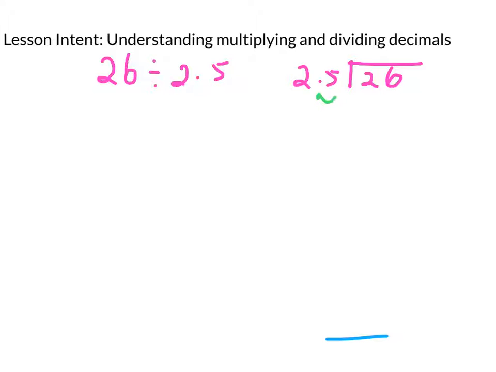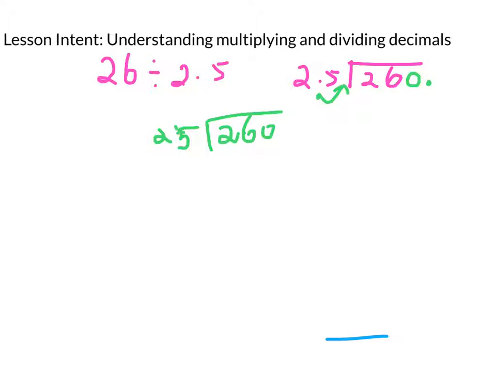To do that, we could move it here 1 spot. So that would make it 25. But in order to do that, we also needed to add another decimal place here. So we'd have to add a 0 to here, and we have our imaginary decimal point there. So we rewrite this as 25 divided by 260.